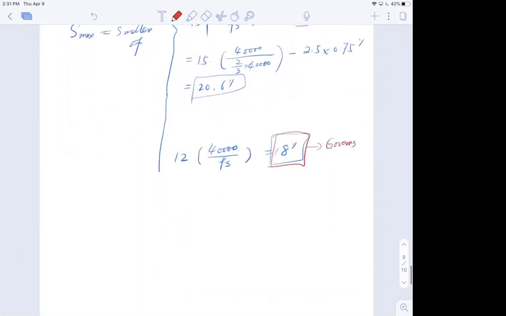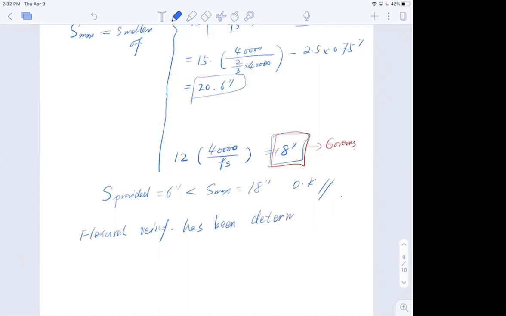And as provided, equal to 6 inches, is smaller than S max for crack control, in this case 18 inches. So we're okay. At this point, we can say flexure reinforcement has been determined.